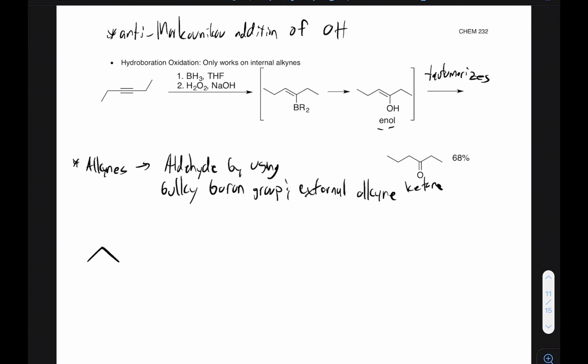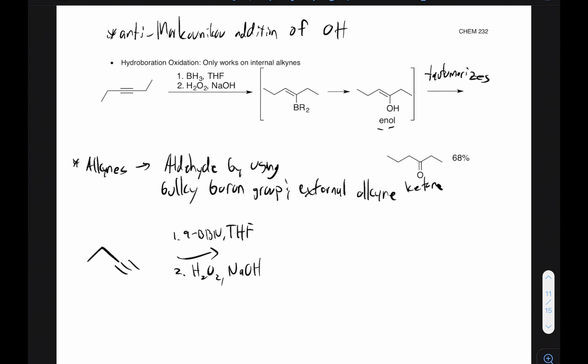So let's say we have this alkyne here, simple butyne, and for our conditions, they're going to be pretty similar, but we're going to change up one thing. We're going to use something called 9-BBN in THF. And then for step 2, we have our peroxide like usual and our NaOH.